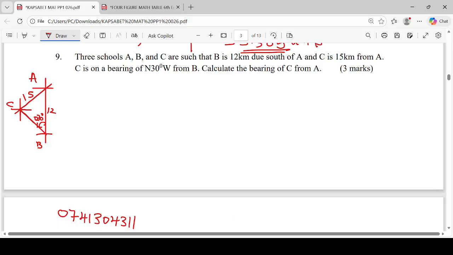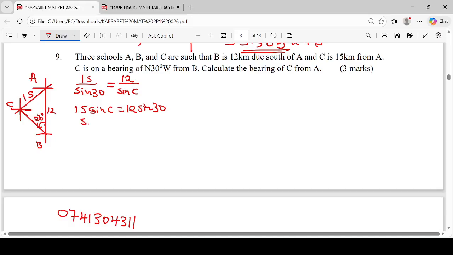The sine rule says a over sine A is equal to b over sine B is equal to c over sine C. So if I consider that, I'll have this as 15 over sine 30 should be equivalent to 12 over sine C. So that means that 15 sine C is equal to 12 sine 30.